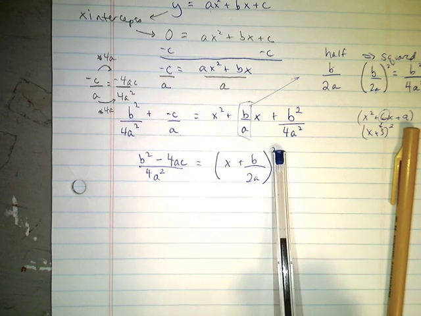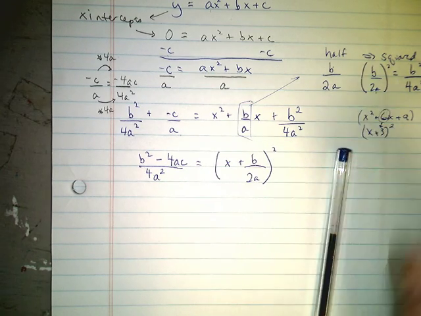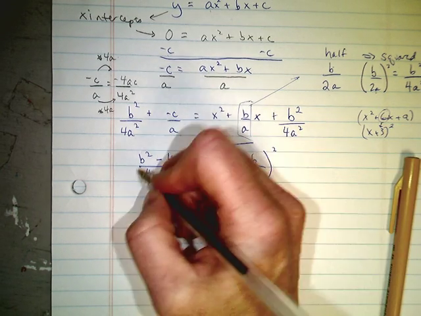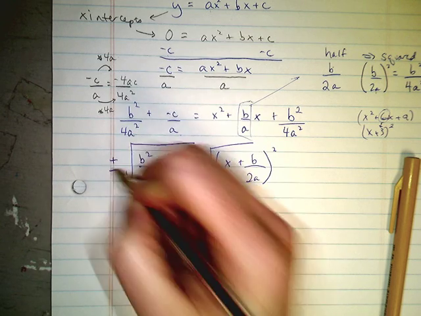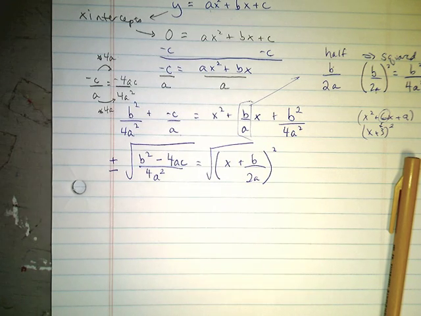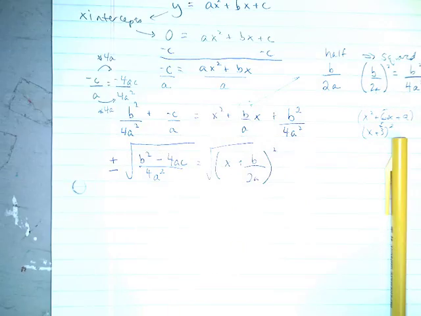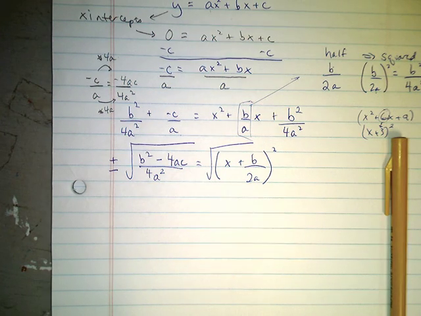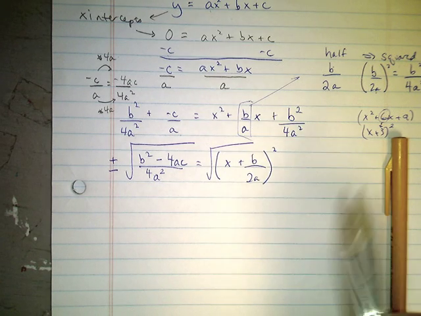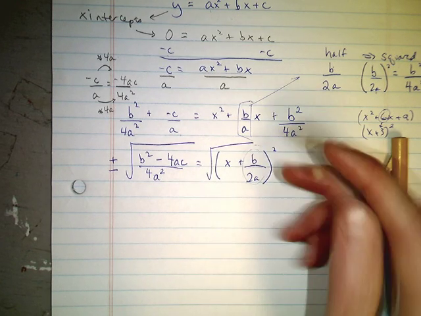To get rid of this squaring here, I'm going to have to square root both sides. Remember, I have that plus or minus over here. Now I just want to get rid of my radicals, and then move this over.